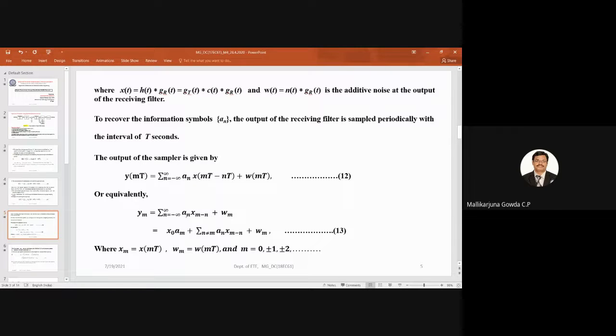Then the same thing when n is not equal to m, right? So this x suffix m can be written as x of mT, and this w suffix m as w of m into capital T, where the value of m can vary from 0, plus or minus 1, plus or minus 2 and so on. Okay, so this is the simplified version of the output of the receiver.